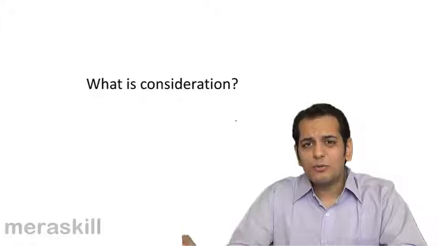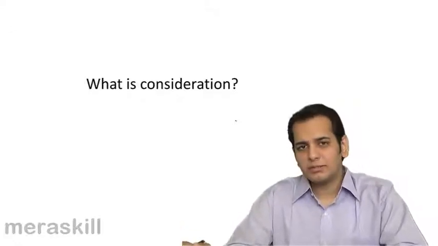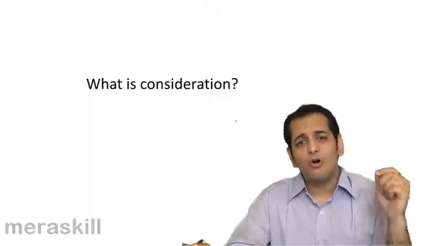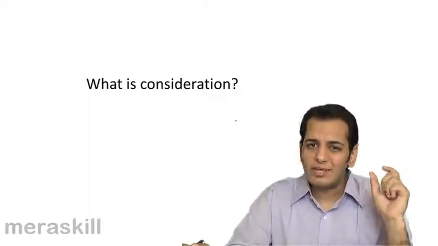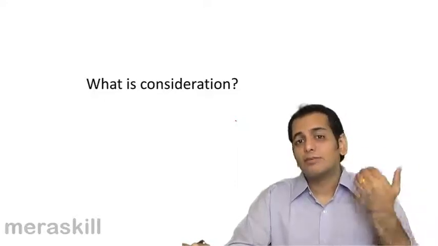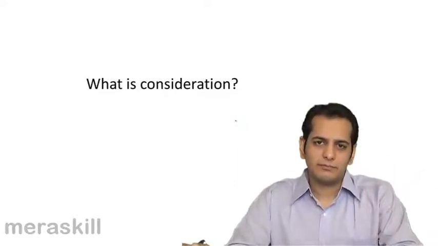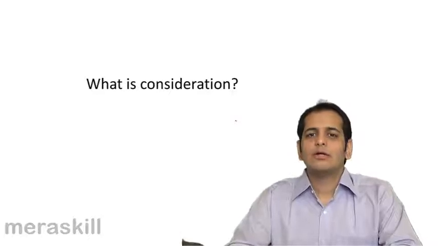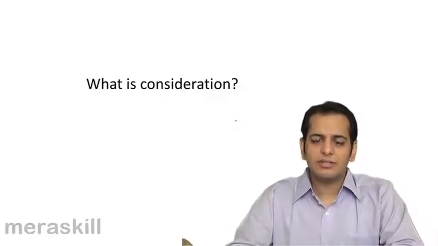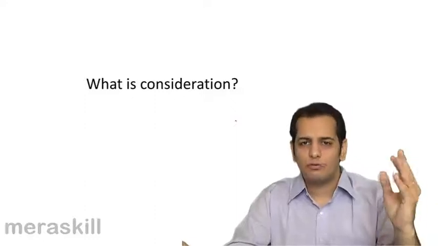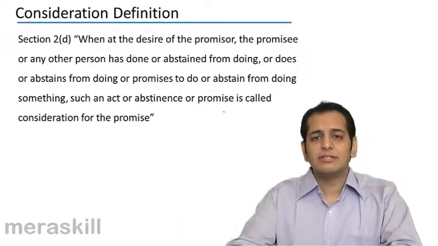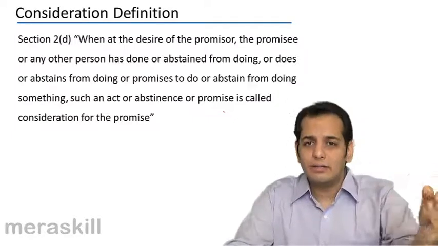We generally don't give money to anybody, or nobody gives us stuff for free. There's always a price attached to everything. To get something, we have to give something. And this is what consideration is all about. Consideration is something for something. Consideration is something in return.